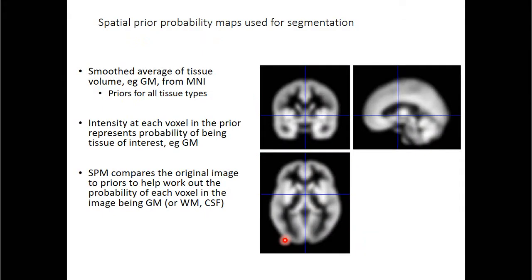And this is the prior probability map for white matter. It is derived from MNI, from many subjects. Basically, it is an average of many subjects' white matter, and it is smoothed. And this is what you require for proper segmentation.